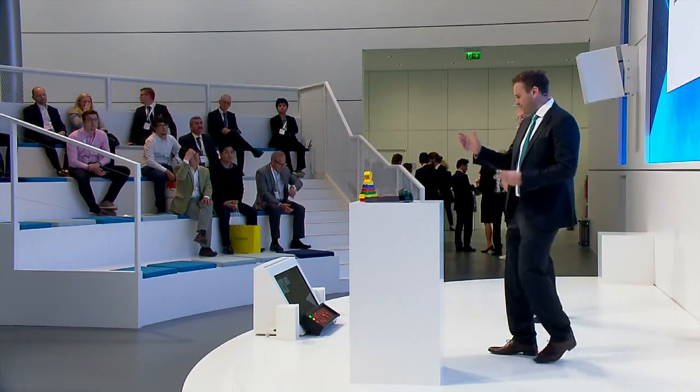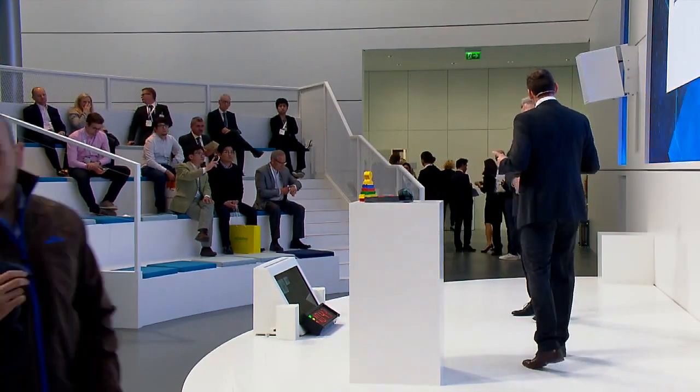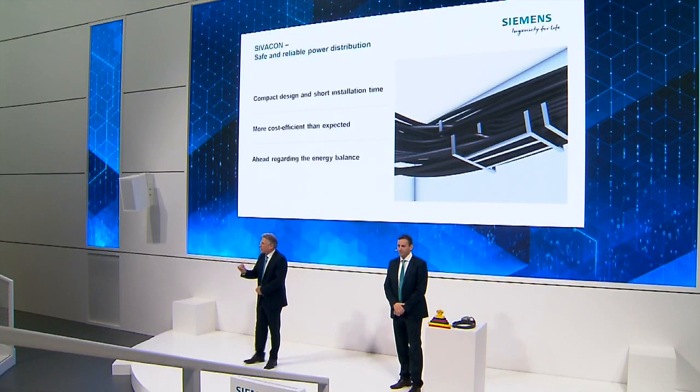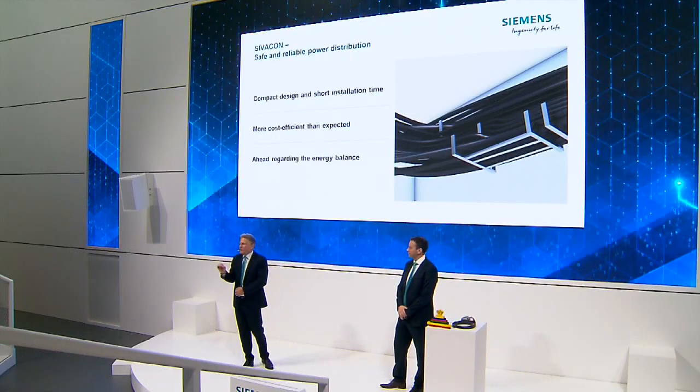But maybe let's get back a little bit to cost efficiency. I mean, new buildings always need to save space and money. Always the same, so the electrical equipment needs to be cheap. Yes, sure. Compared to a conventional cable installation, a busbar trunking system saves space.